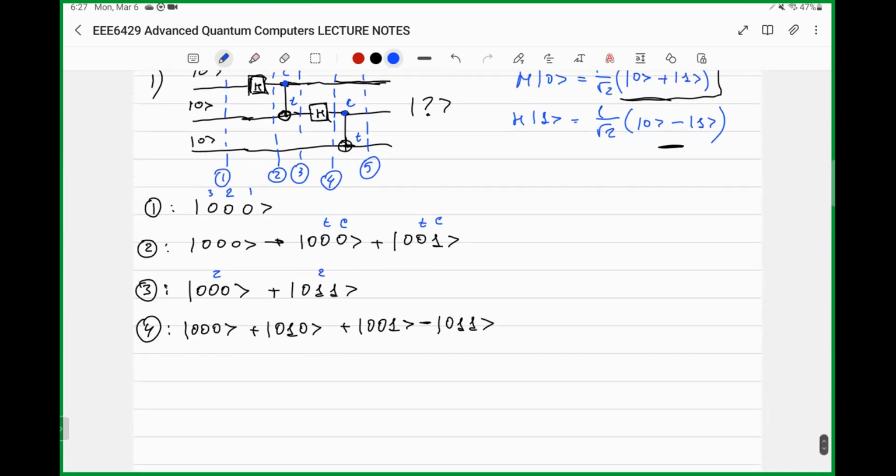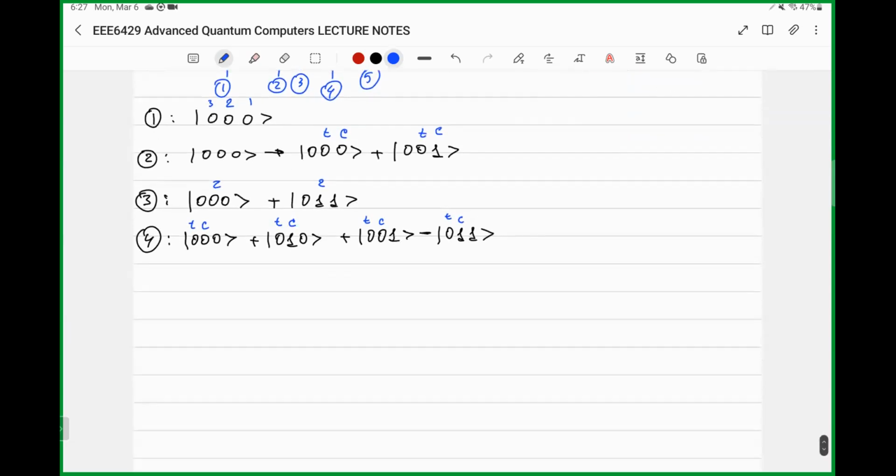Again, the control is here, target is here. Control here, target here, control here, target here, control here, target here. Right? Okay.